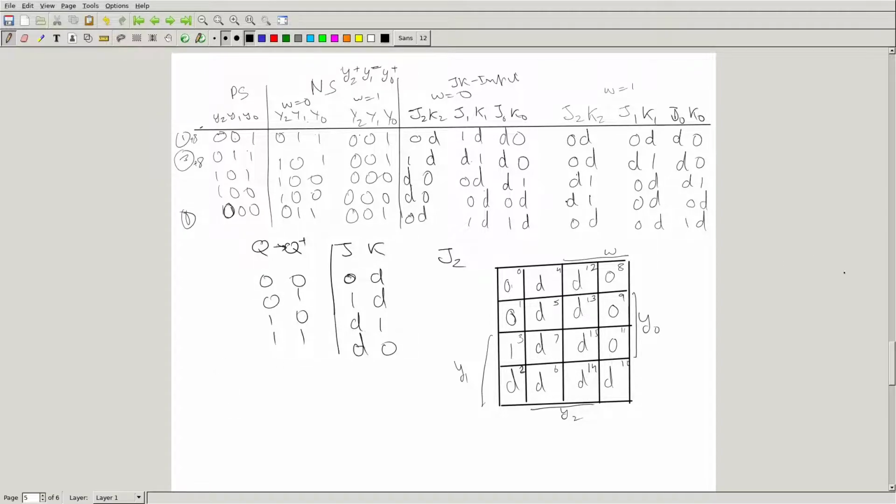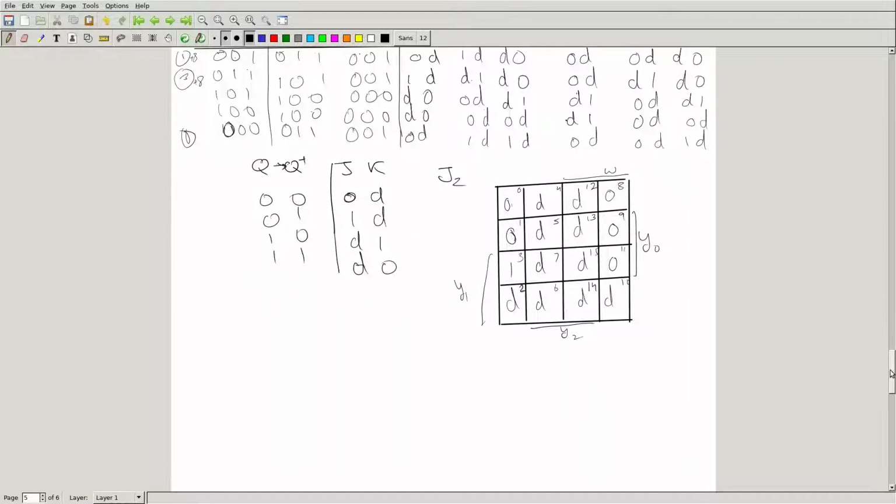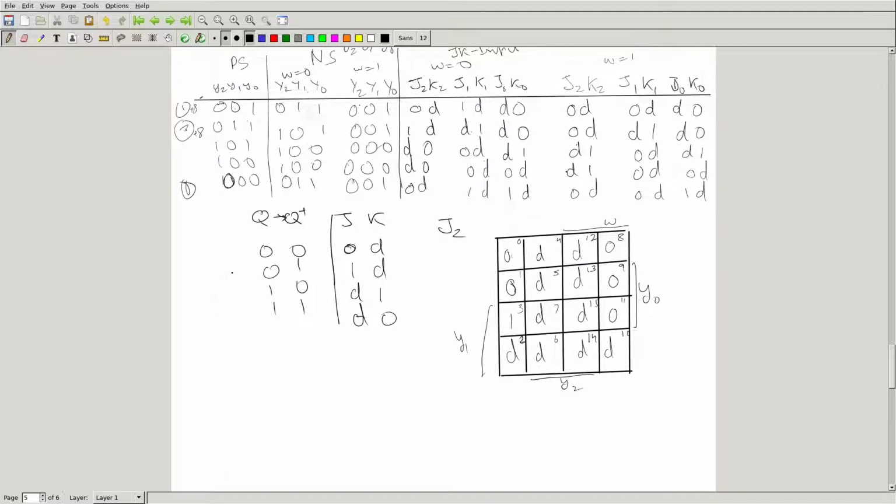So to develop a shortcut from the next state K-map to J2 and K2, let's also draw a K-map for the next state part.